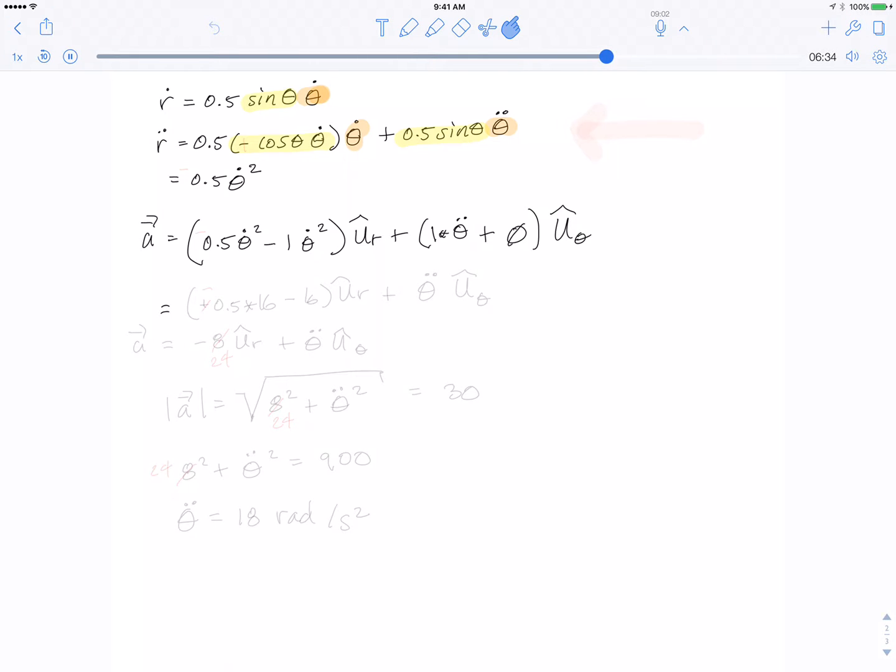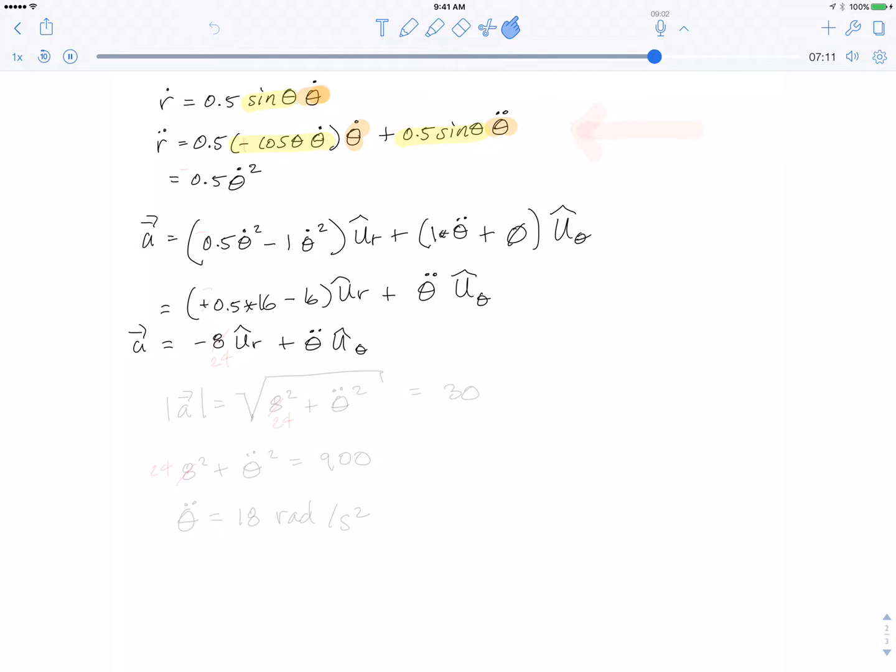And we know also that theta dot was 4. So we get 0.5 times 16 minus 16 in the radial, plus theta double dot in the tangential. Simplifying that a little further, we get minus 8 in the radial plus theta double dot in the transverse.